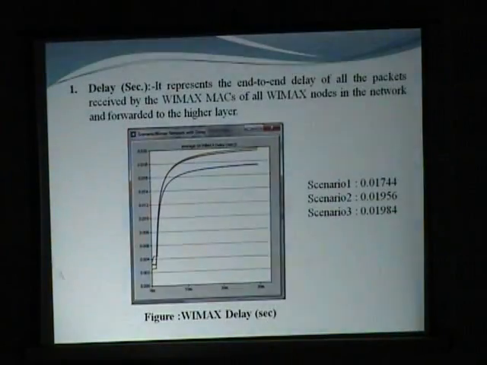In scenario 2, the delay is 0.01956, and the mobile nodes are increased to 18. In scenario 3, the delay is 0.01984, and the mobile nodes are increased to 30.